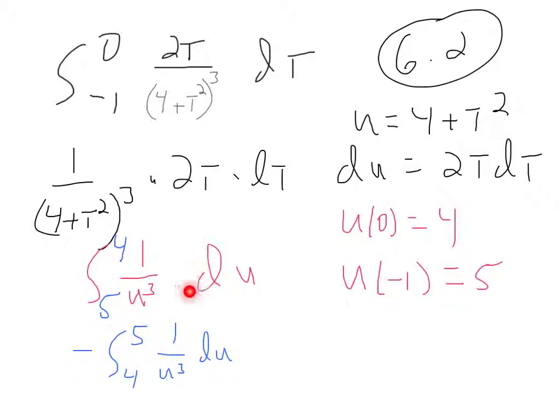This is a possible choice, but because those bounds are backwards, it's not exactly the right choice. Another mistake people will make is they won't bother to switch those bounds. They'll leave the original bounds on the function. That's a mistake you might have made on the homework.